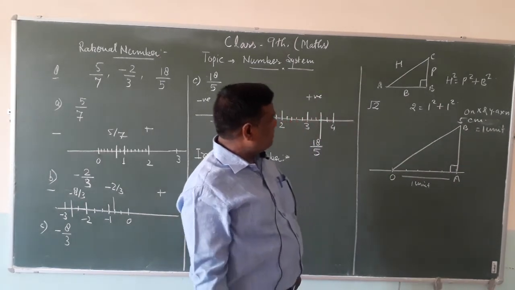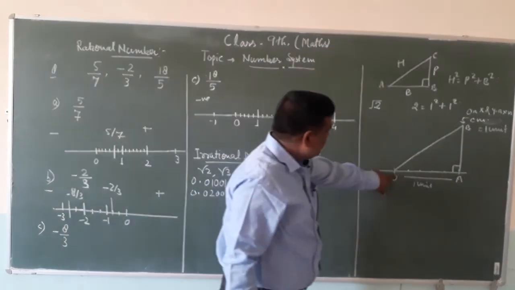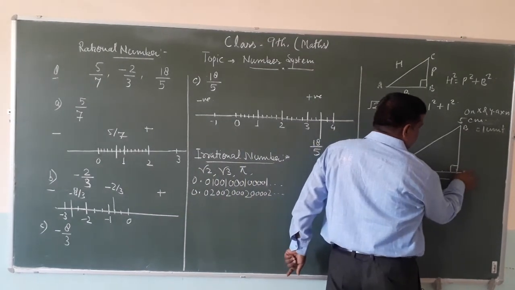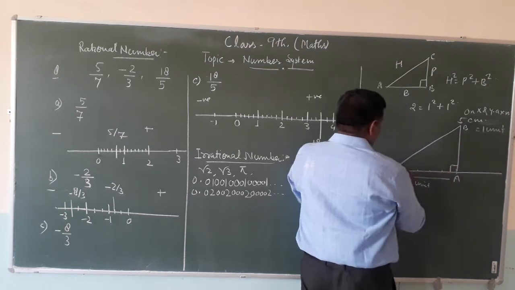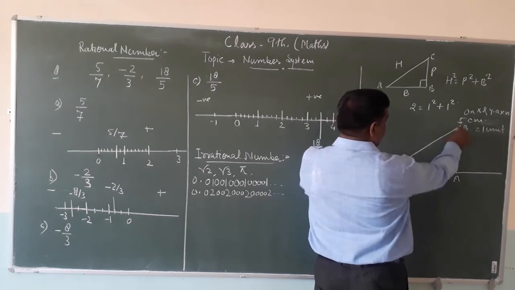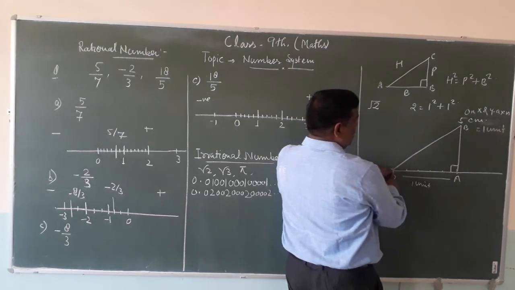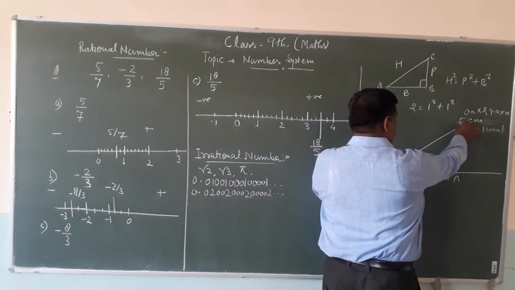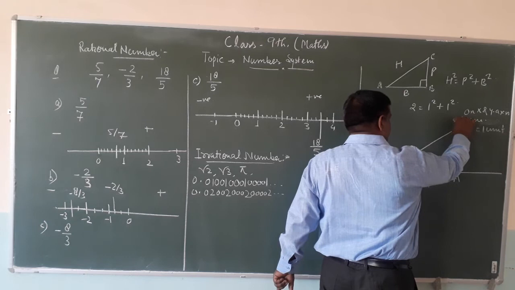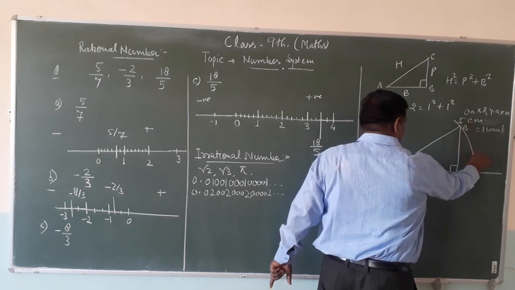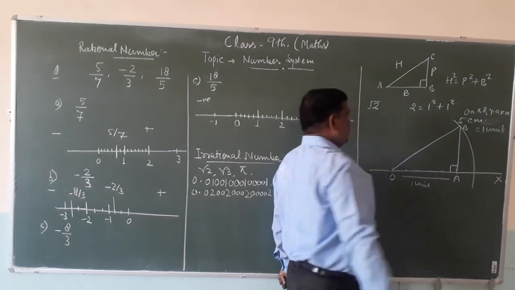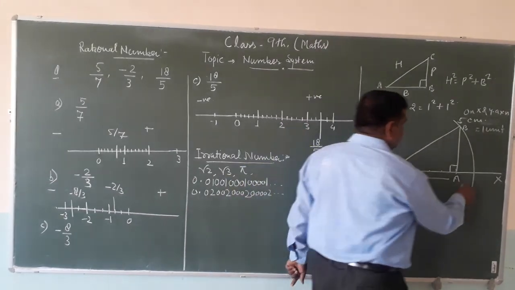Now with the help of a compass, take O as center, where the needle point is here and the pencil is at B, take OB as radius and draw an arc of this type, which cuts the line OX at C.